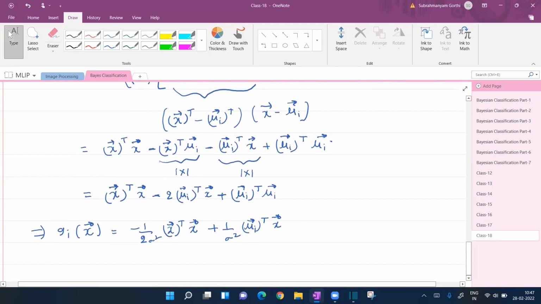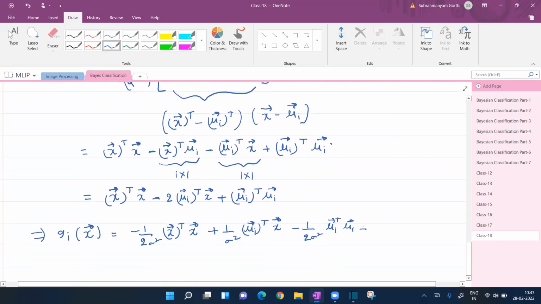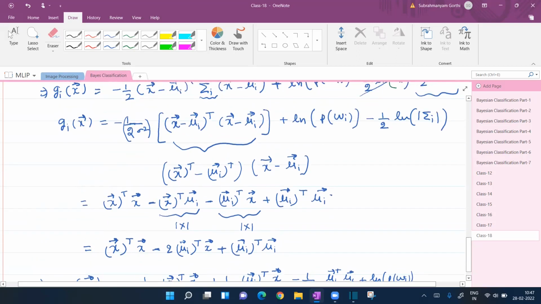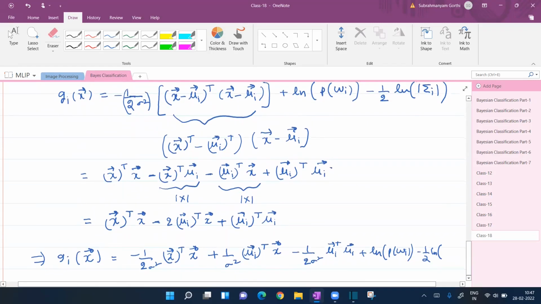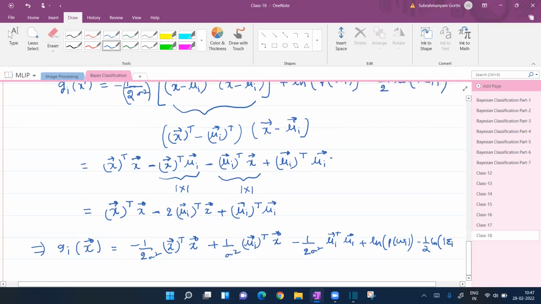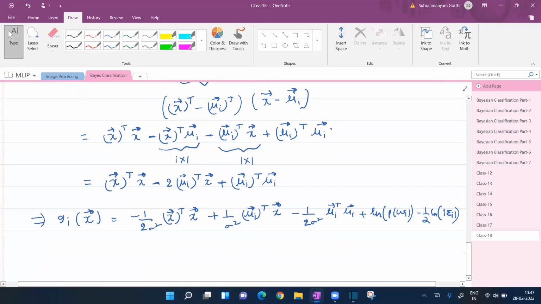Then again, minus 1 by 2 sigma square into mu I bar whole transpose into mu I bar. Then of course I have natural logarithm of probability of omega I. Then I have minus 1 by 2 natural logarithm of the determinant of omega I. This is my Gi of x bar.